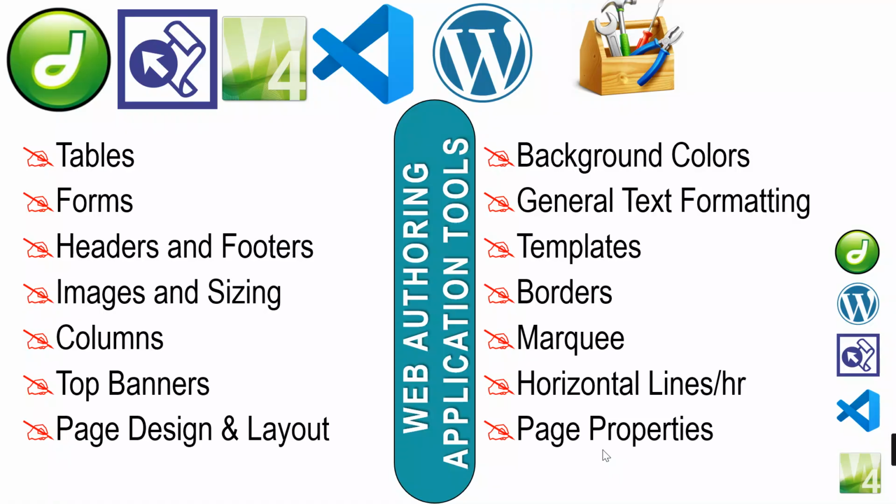Think of background colors, general text formatting. Think of using templates if you can, borders, marquee, horizontal lines, page properties. These are some of the web authoring application tools that you can consider while you are designing your pages. Now, I would like us to get started by using Dreamweaver. Let's get started.